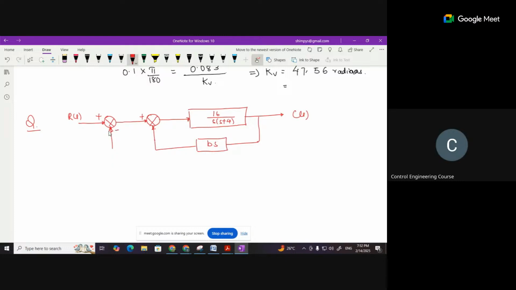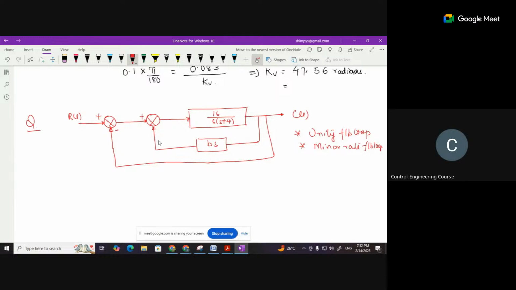It is like this. So we have a unity feedback loop, and we have a minor rate feedback loop. Got it?